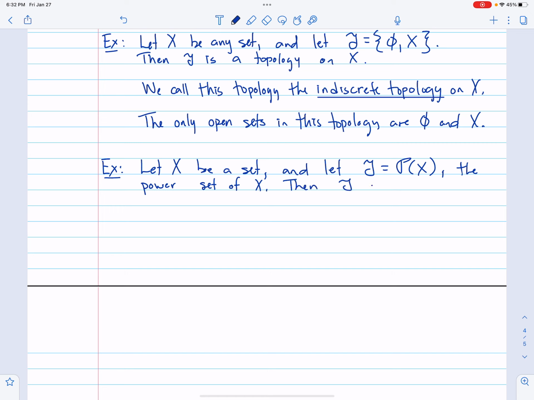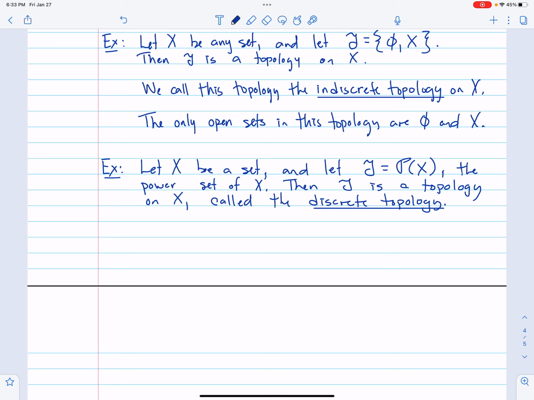So then T is a topology on X, and we call this one the discrete topology. We got really creative in naming these things.